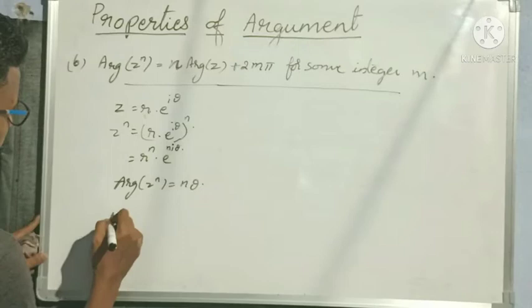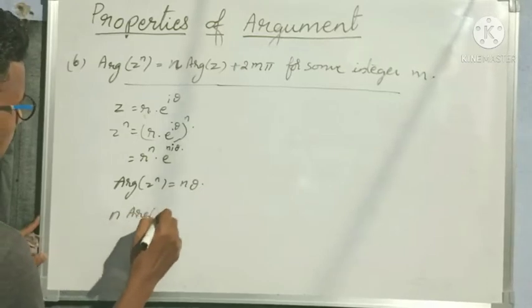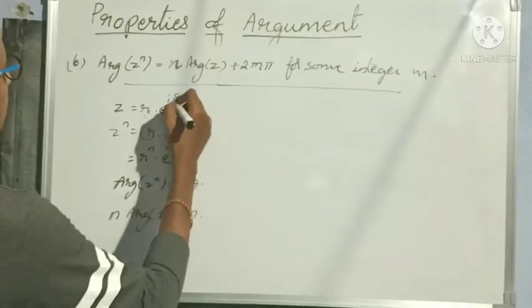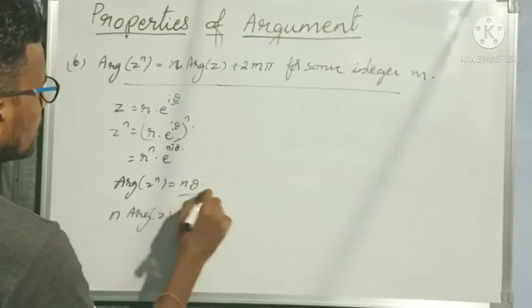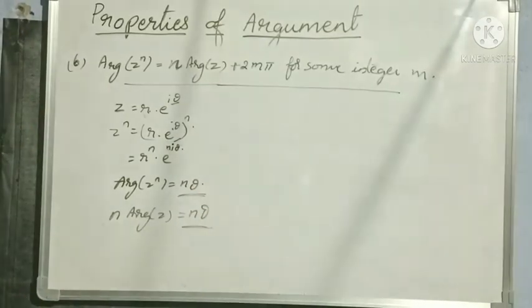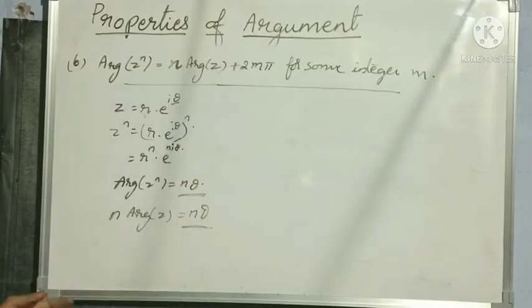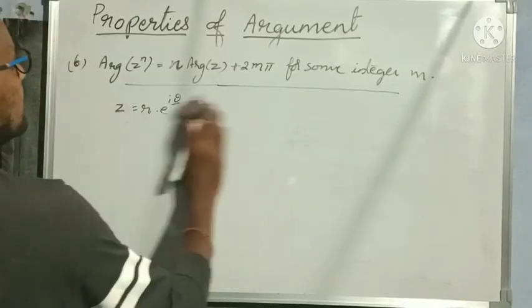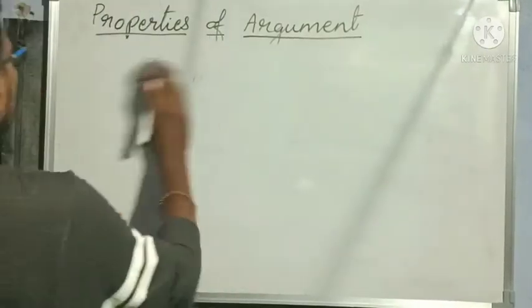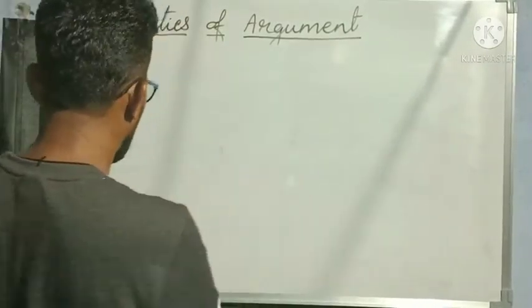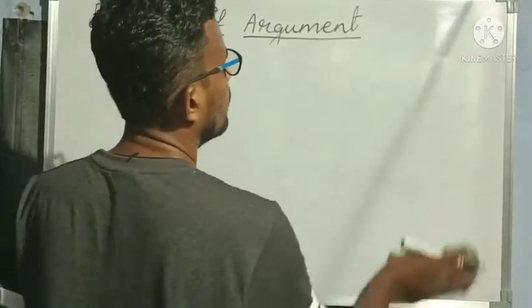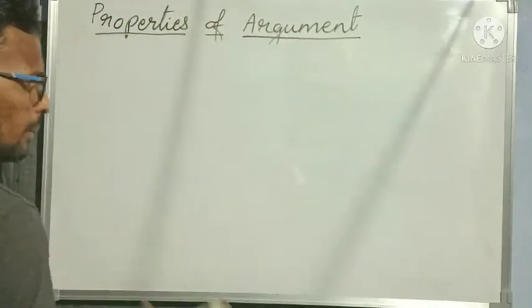And n into argument of z, what's the argument of z here? Theta. So here also n theta, here also n theta. Understood? That's why argument of z power n is equal to n into argument of z. So these are the 6 properties of argument. I hope everybody understood all 6 properties. Yes. Clear? Okay.